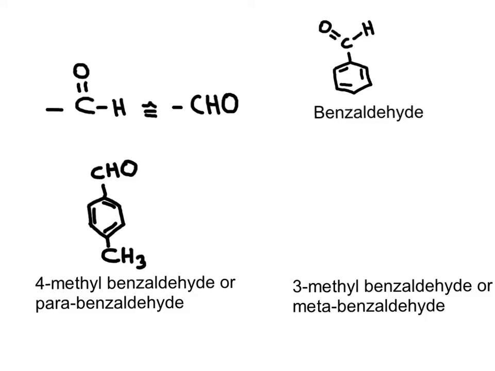The first one is benzaldehyde that does not have any substituents. The second one is when we have a methyl group which is 4 carbons apart from the carbon that is bonded to the carbonyl. It can be named in 2 different ways as 4-methylbenzaldehyde or para-methylbenzaldehyde.